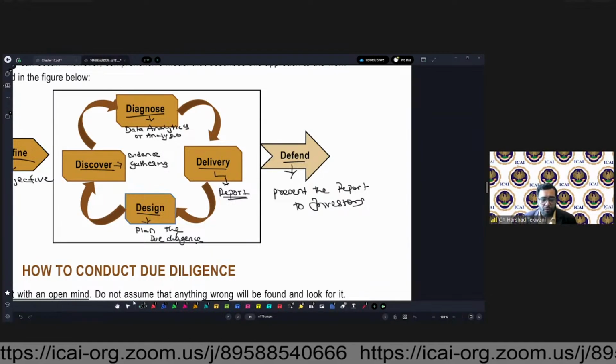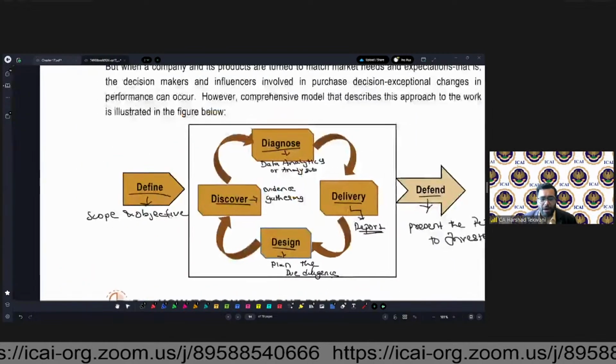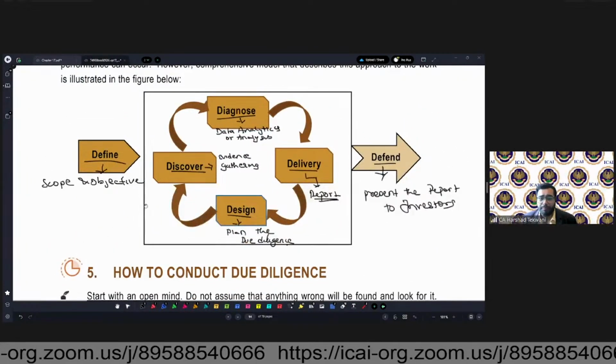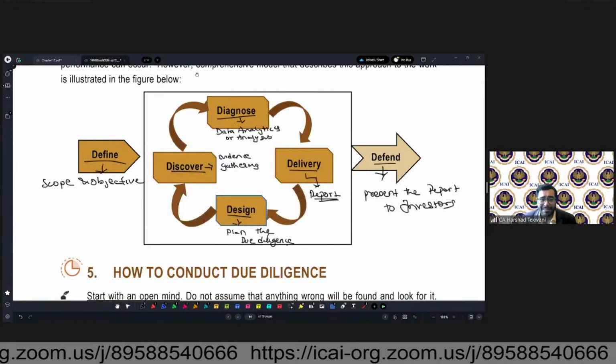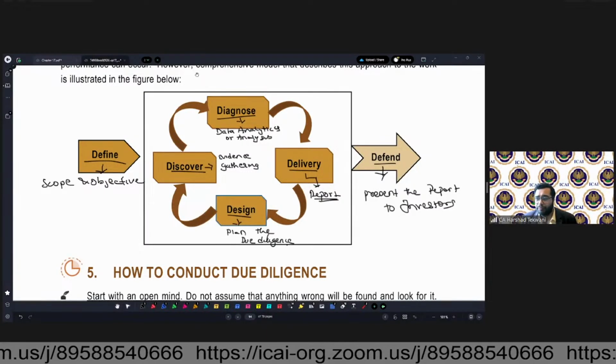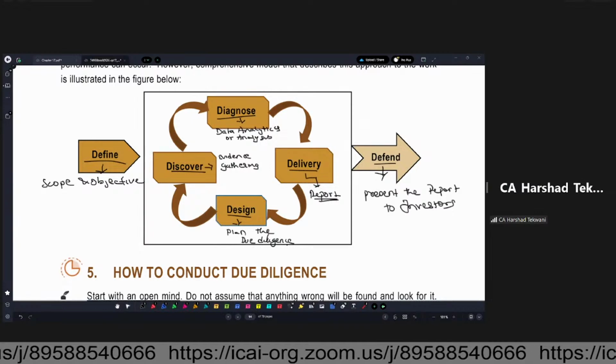I hope I'm clear now. Any doubt on the due diligence process? I'm not talking about areas, it's the process pertaining to the due diligence. Any doubt, guys?